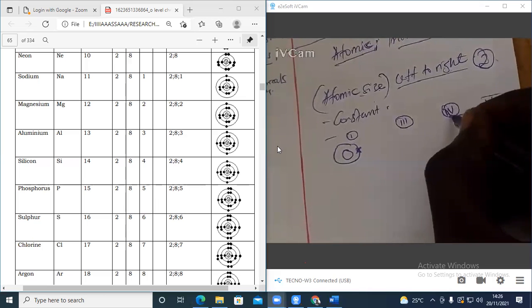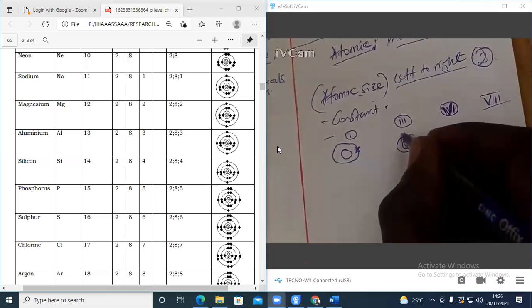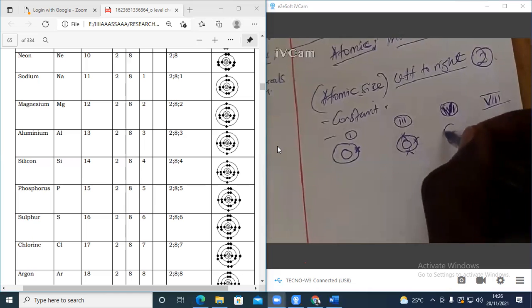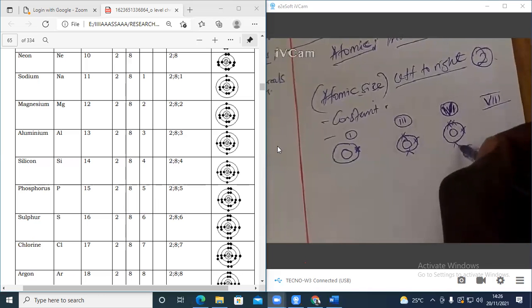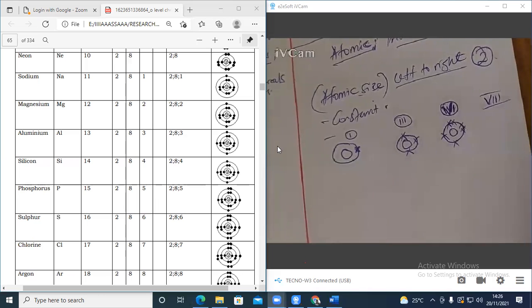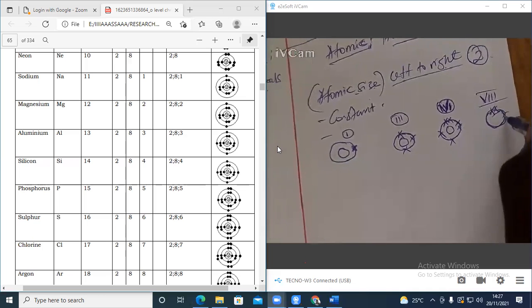Group 3, we shall have this, and then this. They have 1, 2, 3 electrons outside. Group 6, they have 1, 2, 3, 4, 5, and then 6. Group 8, these ones are full: 1, 2, 3, 4, 5, 6, 7, and 8.